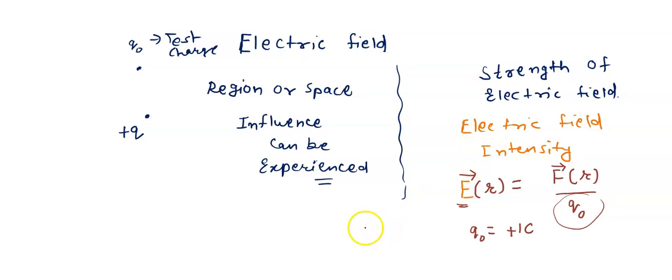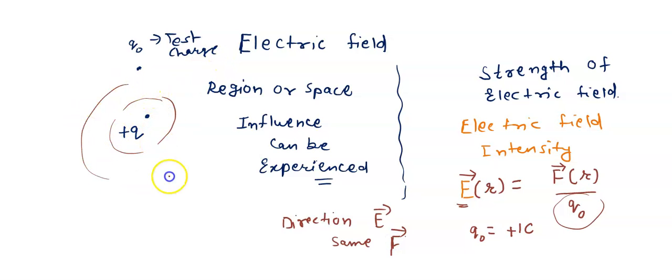So obviously the direction of electric field is the same as the direction of the force experienced by this charge when it is kept at that point. Now, at that point means what? See, this is charge Q, and near to this there is an electric field.